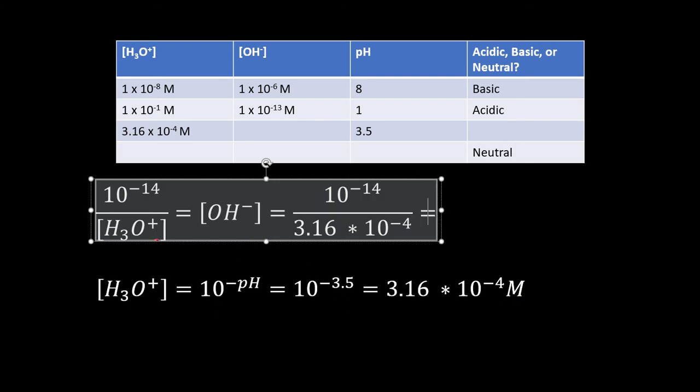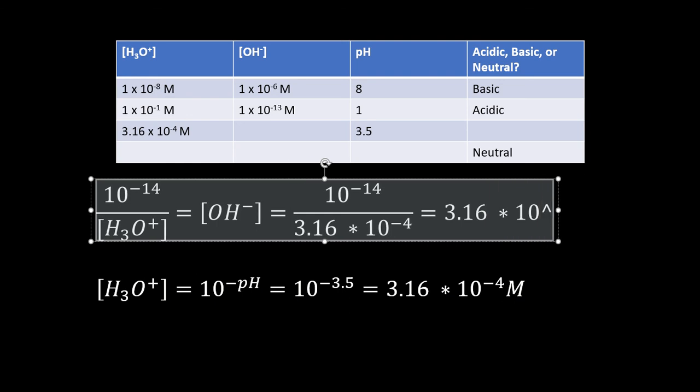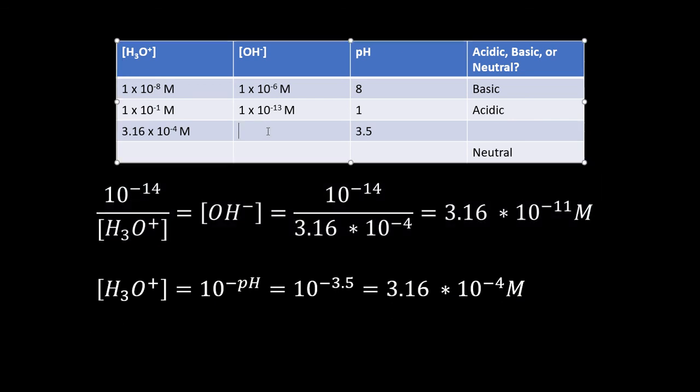Whatever that comes out to be is our concentration of OH minus, or hydroxide ion concentration. And that comes out to be about 3.16 times 10 to the negative 11th molars of OH minus.